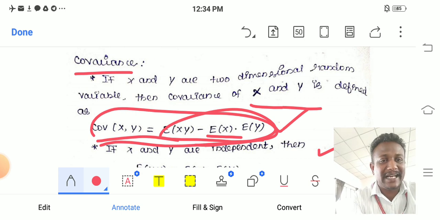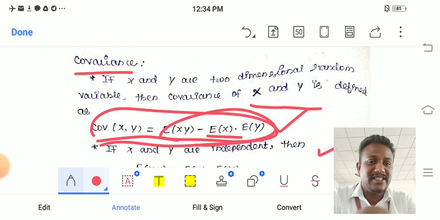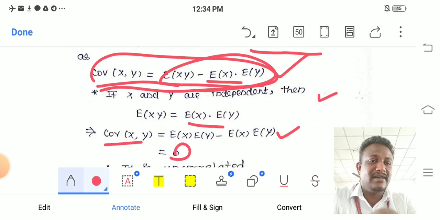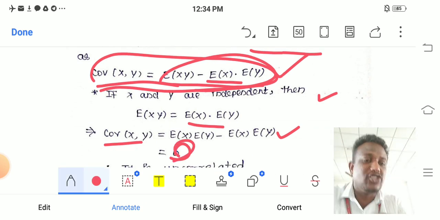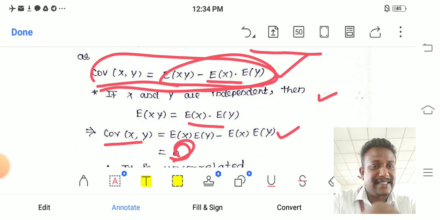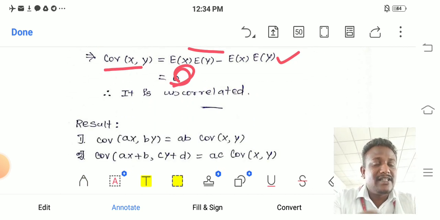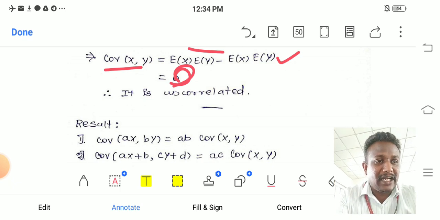So this subtraction value is called covariance. Suppose if x and y are independent, then the covariance value is 0. This is the result. It is uncorrelated. If your covariance value is 0, there is no correlation; it is uncorrelated.